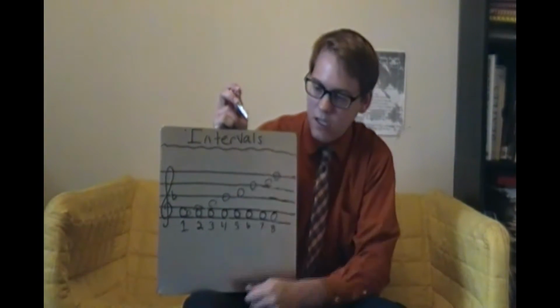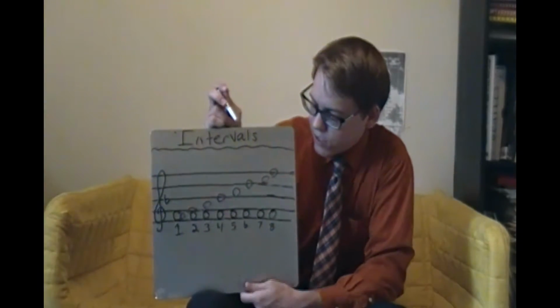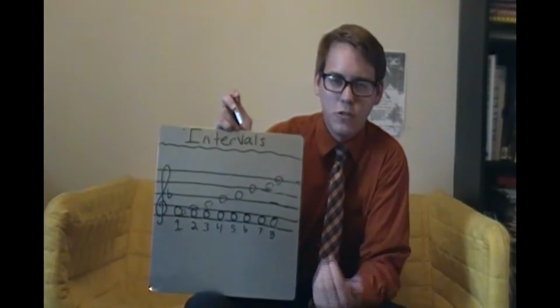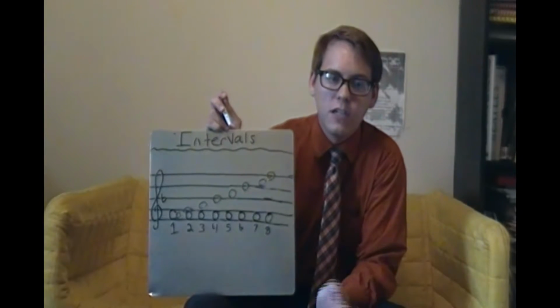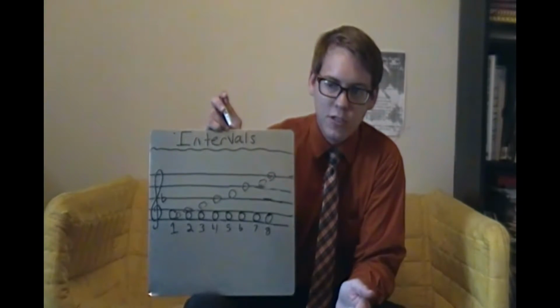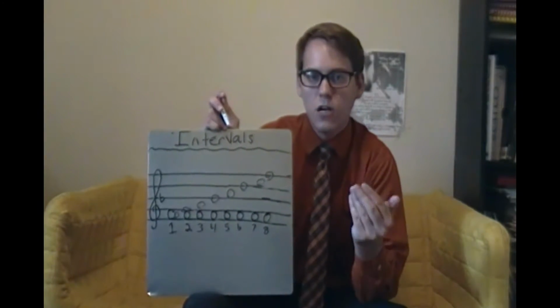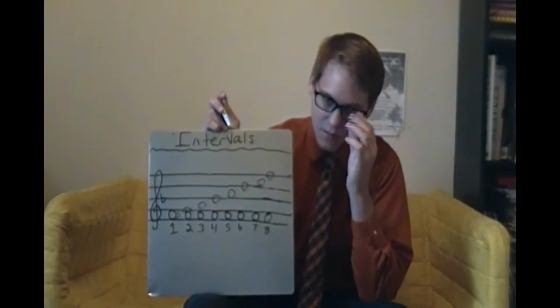So now we know the numbers associated with them, but we also determine whether or not it's major, minor, perfect, augmented, diminished, or unison. Today we're just going to cover unison, perfect, major, and minor.